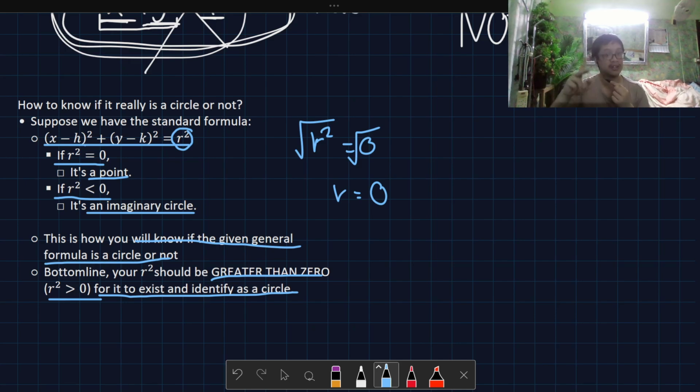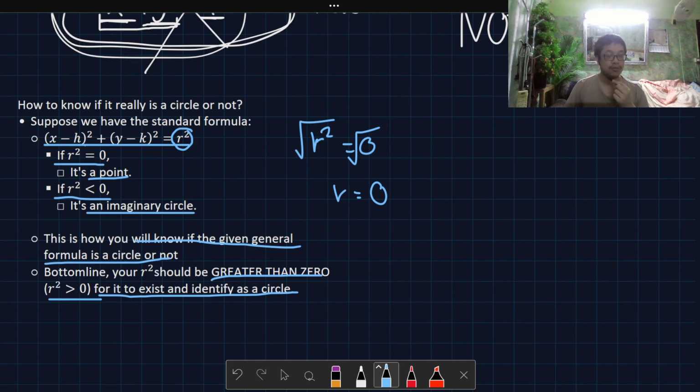You convert it to standard form, then the r squared should be greater than 0 for it to be identified as a circle. That's it. These are important information, so you need to learn this.